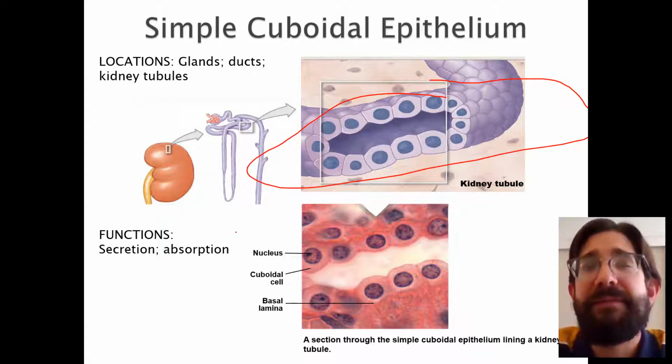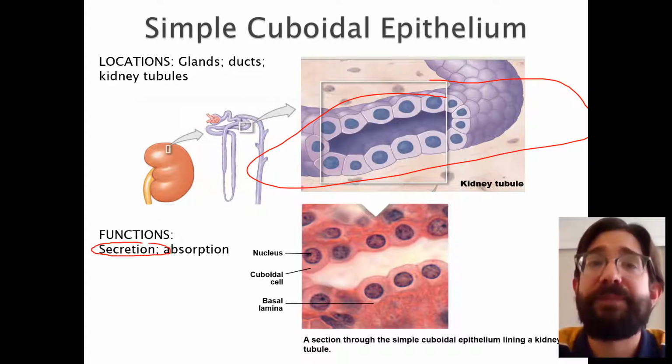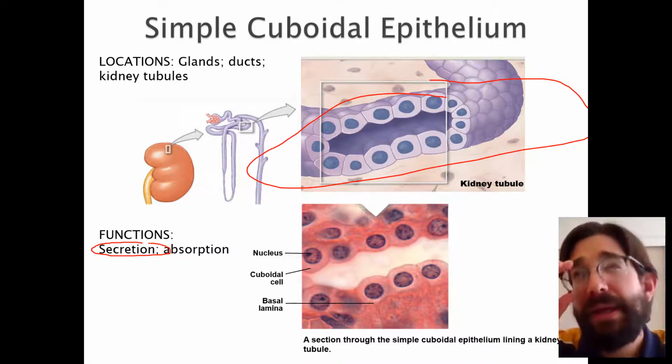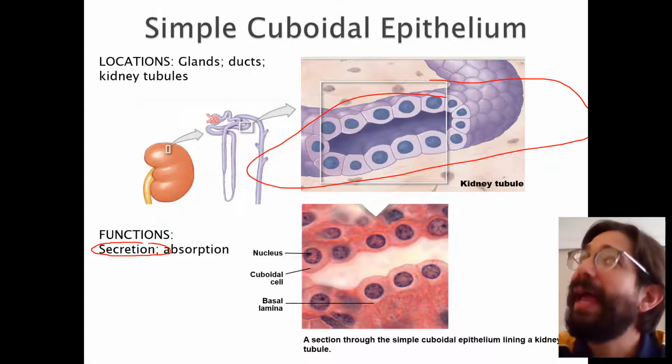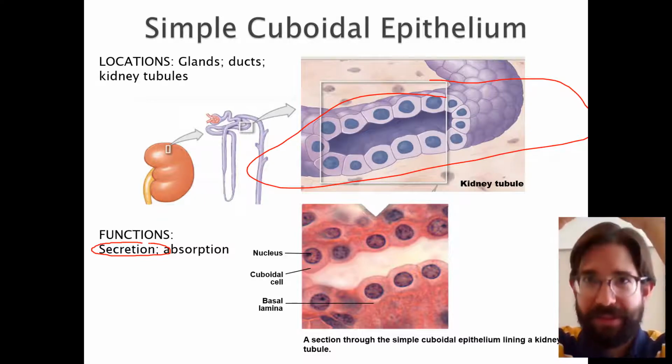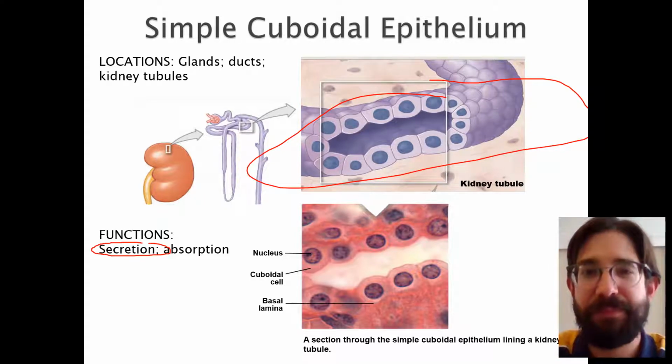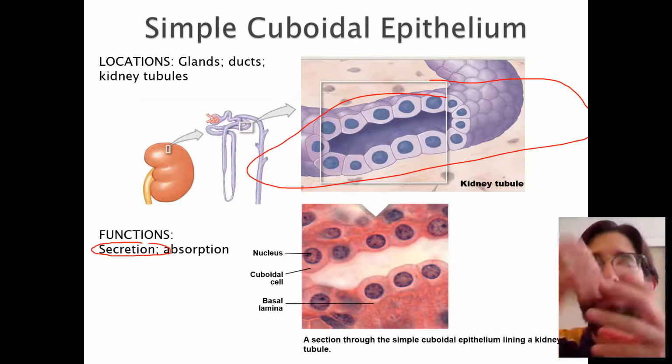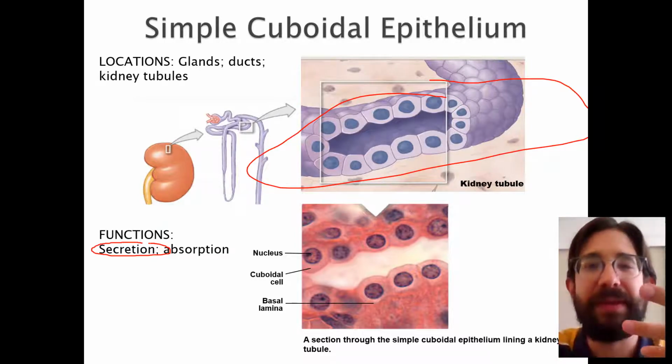But the functions of simple cuboidal epithelium include secretion. What I mean is, let's do some glands in your body. The cells are making this tube shape. And then at the bottom, the tube kind of coils up to make the gland.